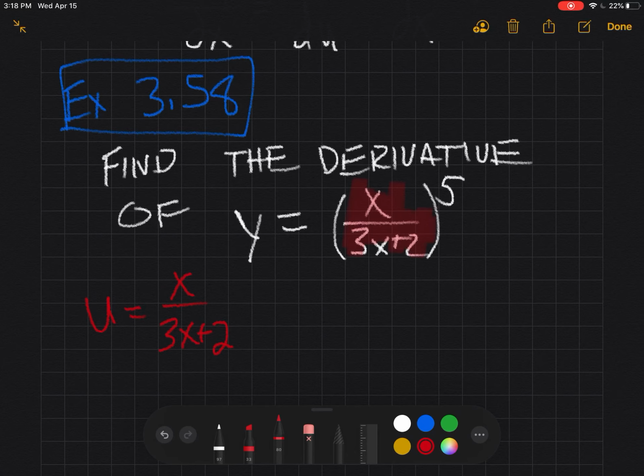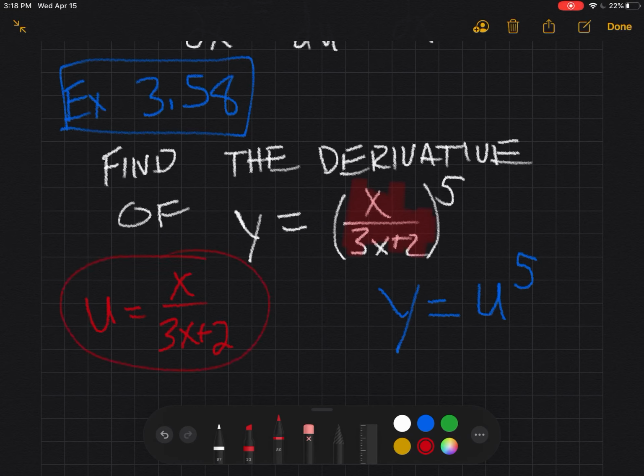So this is what we're going to call u. We're going to say, oops, I spent all that time coloring it in so pretty. We're going to say our function u is equal to x over 3x plus 2. And then now that means that if this x over 3x plus 2 is equal to u, then we could say that y is equal to u to the 5th.